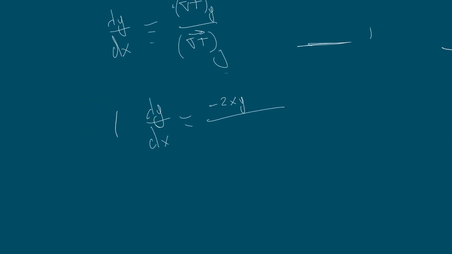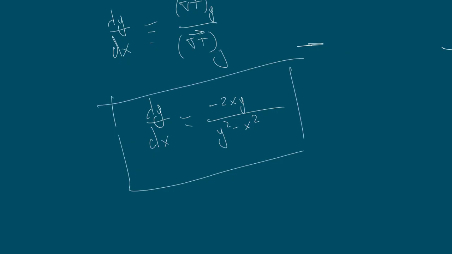So it's y squared minus x squared. If I can find the solution to this equation, I will find y of x.